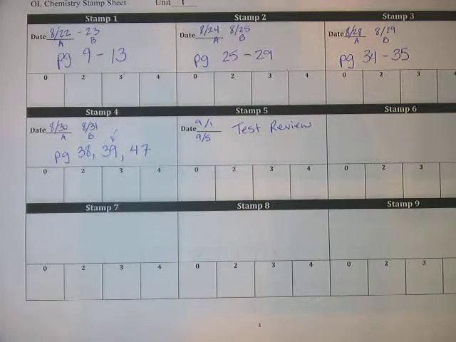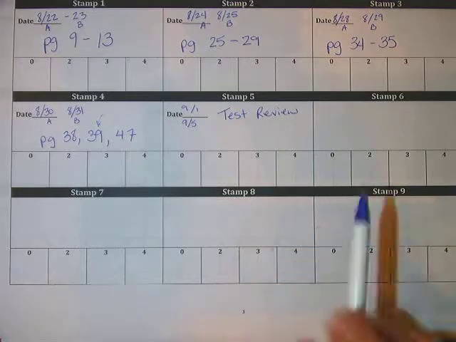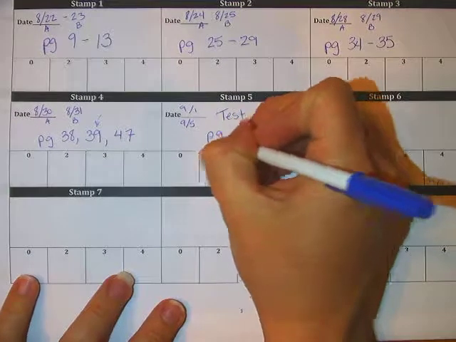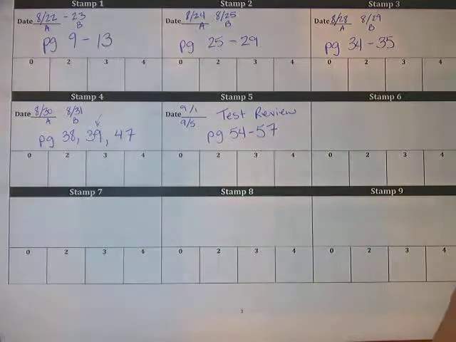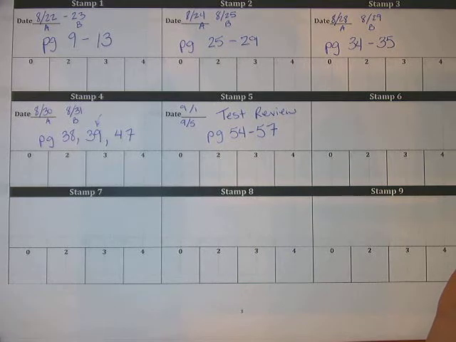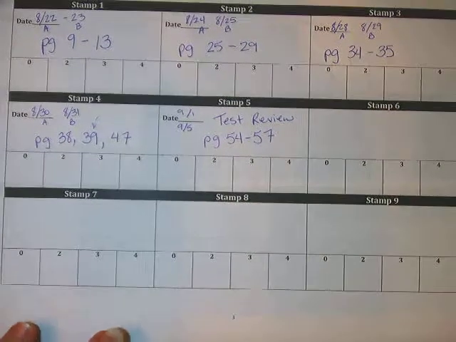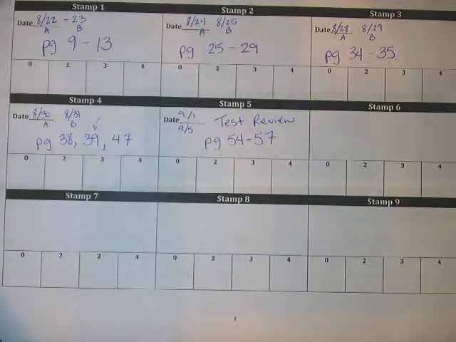And remember, we wrote down on your calendar that your test was the 6th or 7th. So that's next class. So your test review is going to be for a stamp. It's pages 54 through 57. And Miss Woodlock may or may not have some other activities for you, depending on how quickly you take your quiz. And if she does, she is more than welcome to add those as extra stamps you will also have to do. But at minimum, your stamp page should look like this, again, unless Miss Woodlock has had a reason to change it.